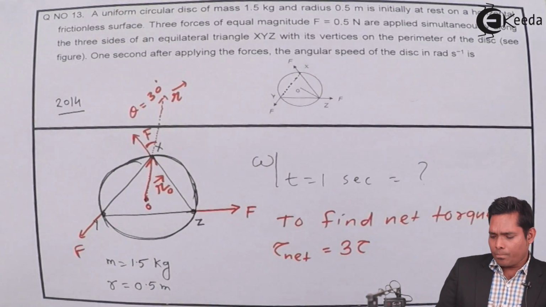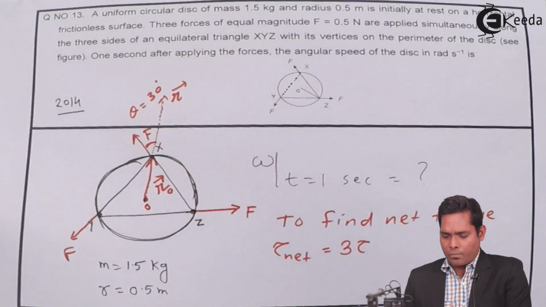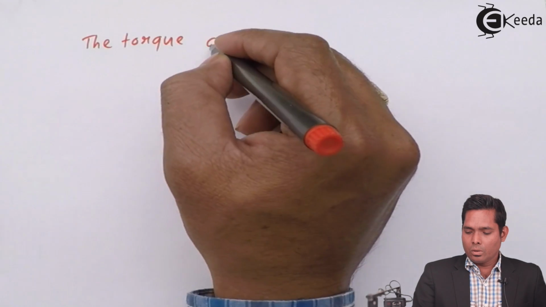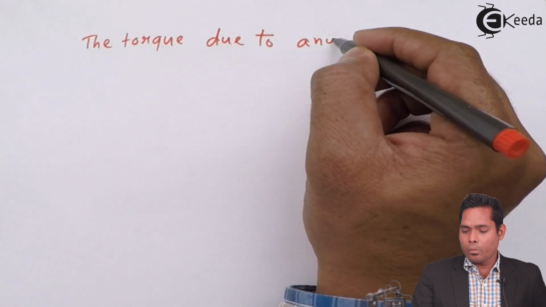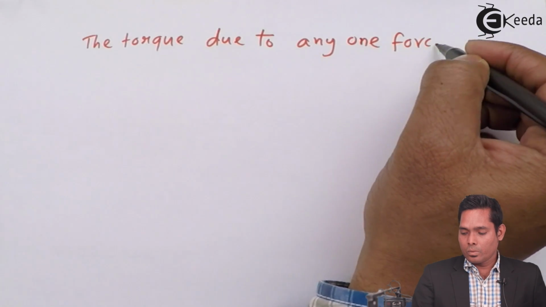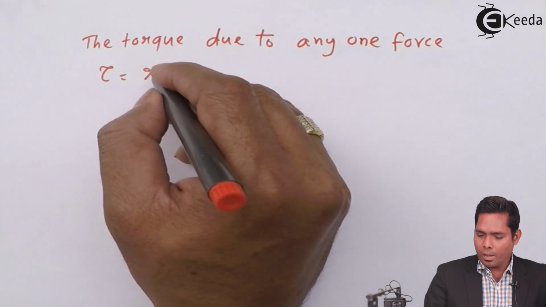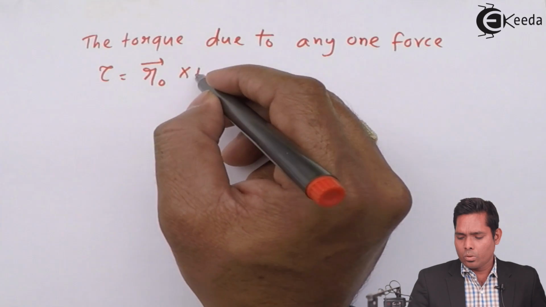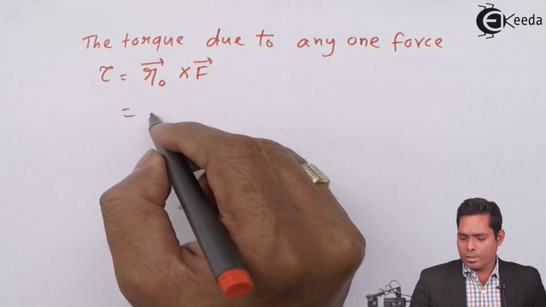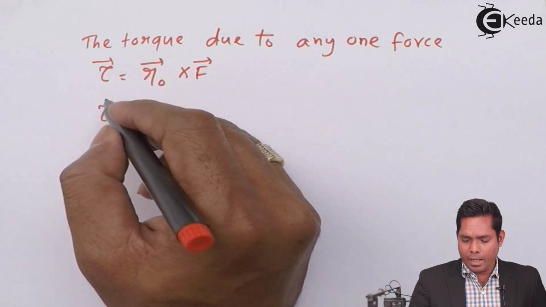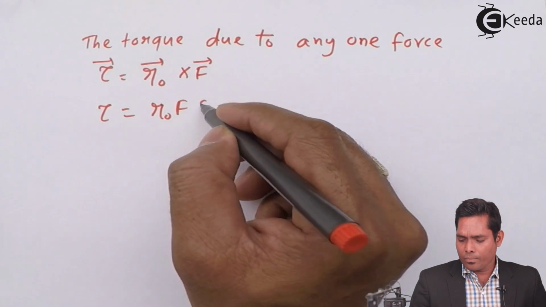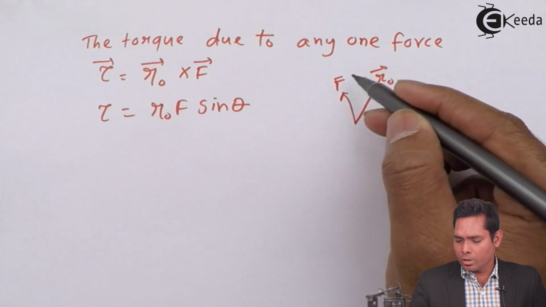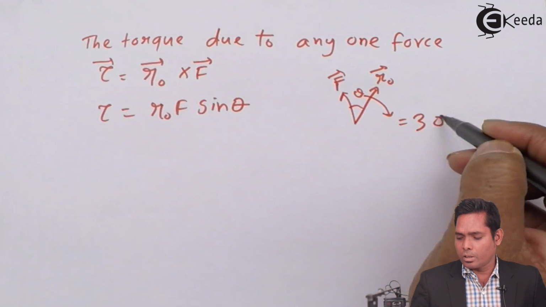If theta is 30, then the torque due to any one force will be r cross F, that is r with respect to the center of mass of the disc, cross product F. If I write the magnitude of that, then that is r naught F sine theta, where theta is the angle between these two vectors, which is 30 degrees.